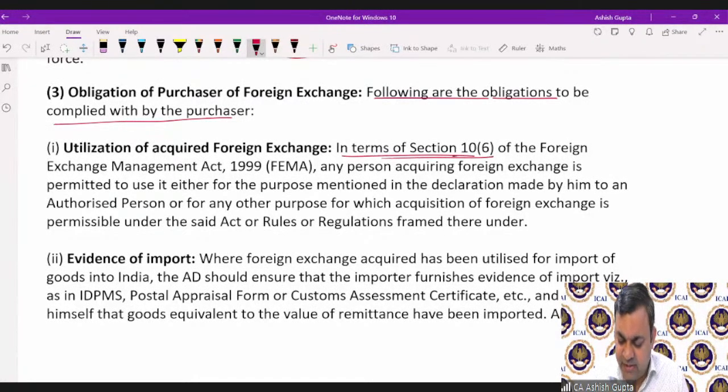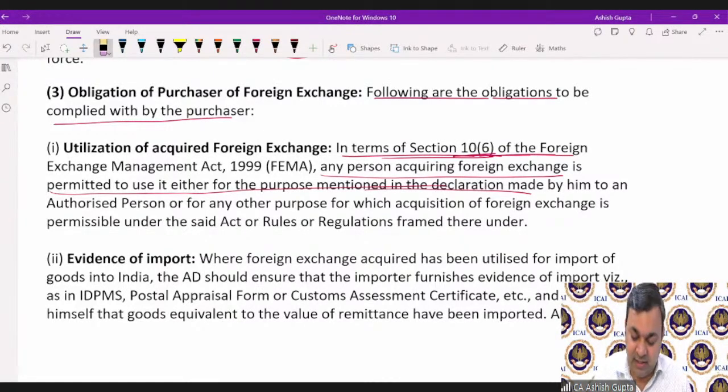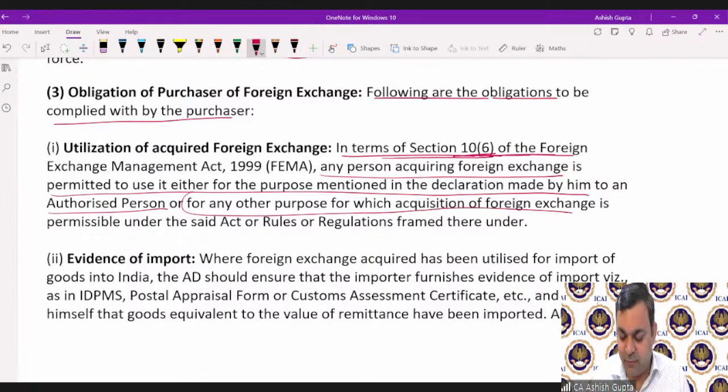In terms of section 10(6), authorized dealer definition: any person acquiring foreign exchange is permitted to use it for either purpose mentioned in the declaration made by him to the authorized person or for any other purpose for which the acquisition of foreign exchange is permissible under the said Act, rules, regulations framed thereunder.